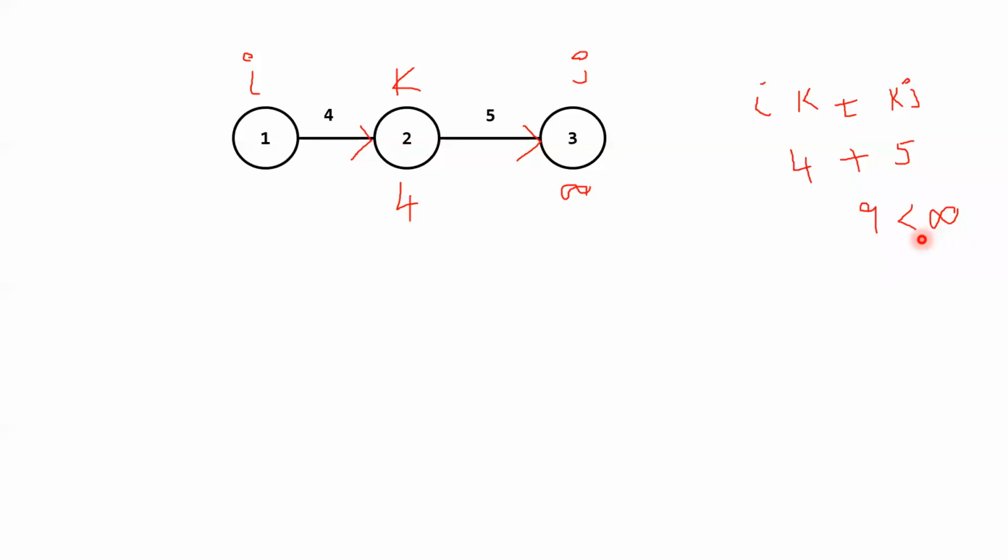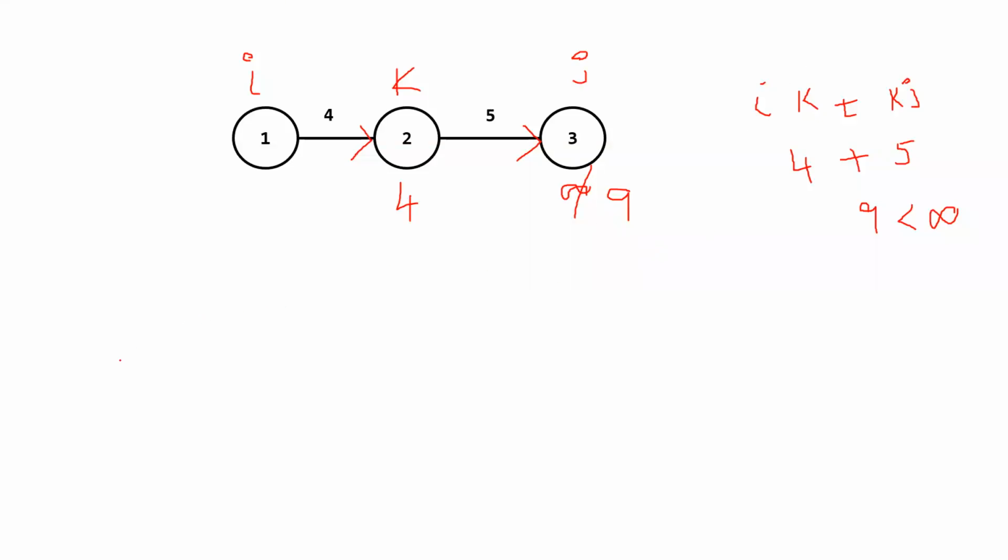If it is true, that means I'm going to replace this infinity value with 9, because now I have found a shortest path whose value is not infinity. And how did you find this shortest path between node 1 and 3? Via an intermediate vertex k. Right? Now I'll start writing the formula.